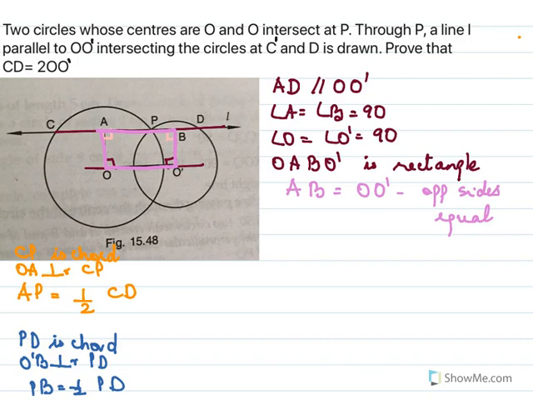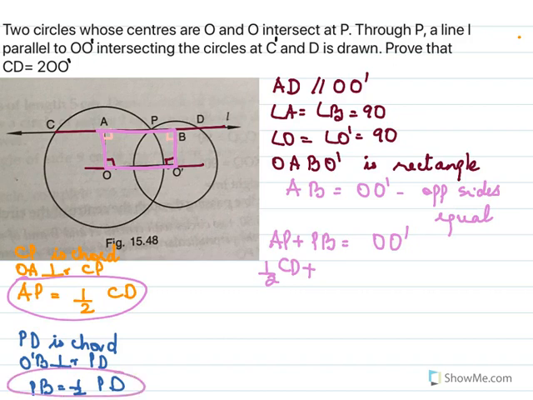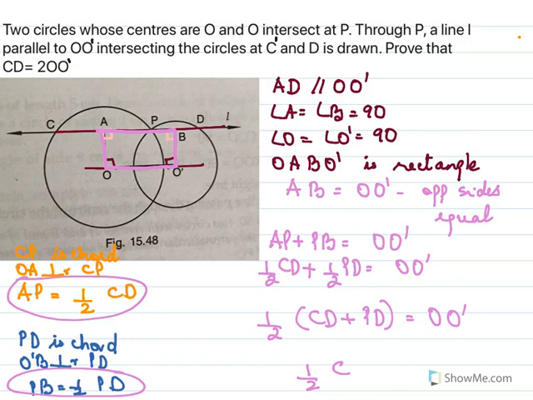But our AB is made up of AP plus PB, equal to OO dash. Now what is AP? Half of CP. And what is PB? Half of PD, equal to OO dash. We take half common out: CP plus PD equals OO dash.